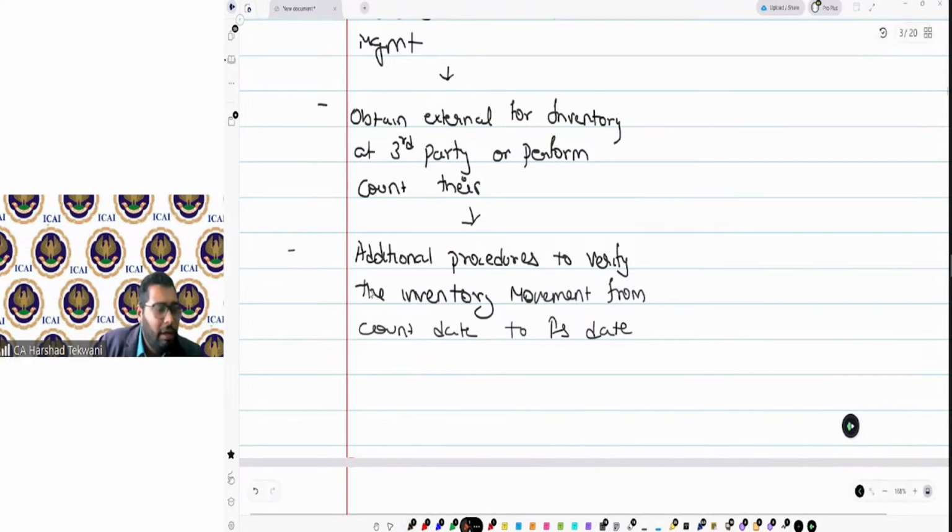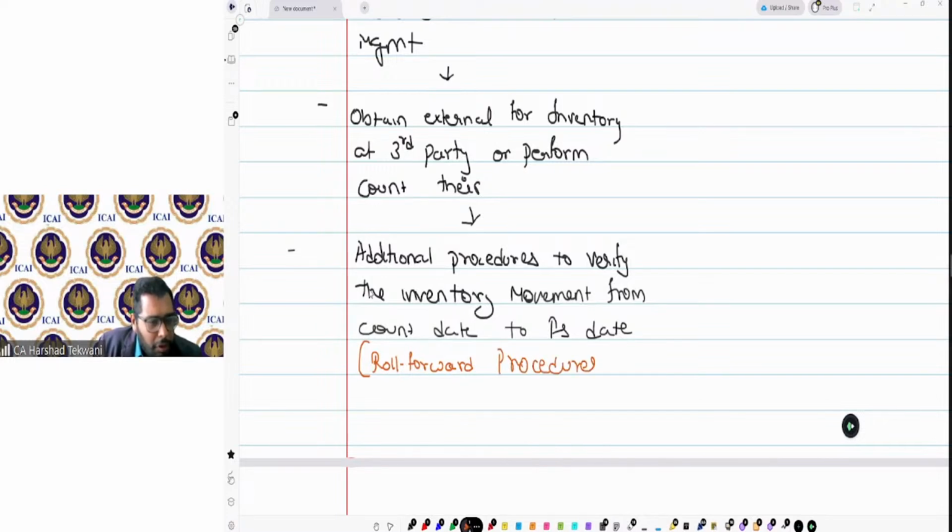And usually in common terms we call this roll forward procedures. Inventory roll forward procedures.